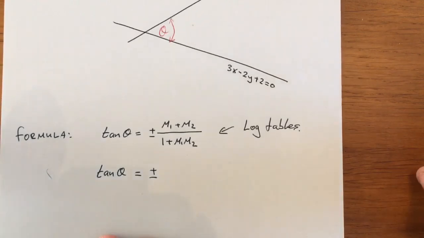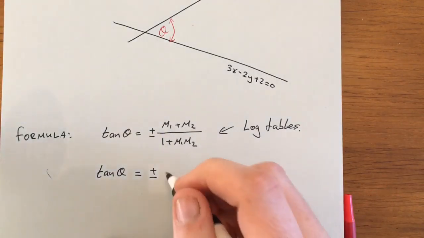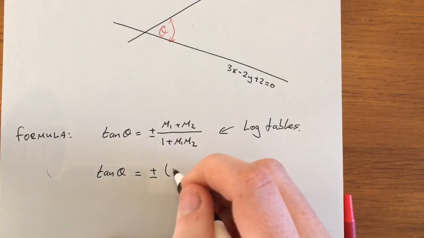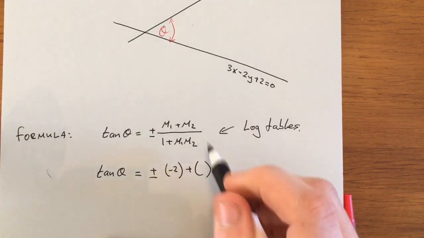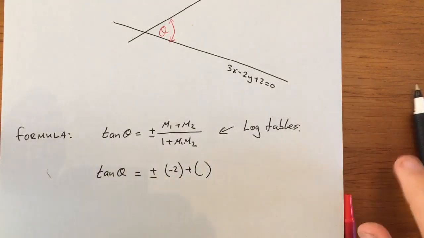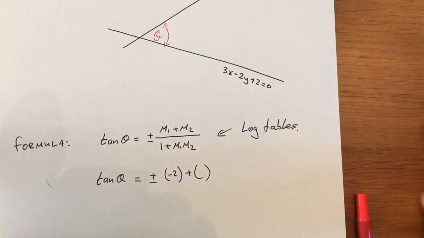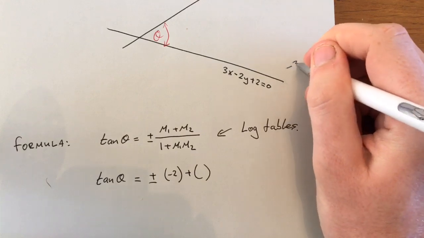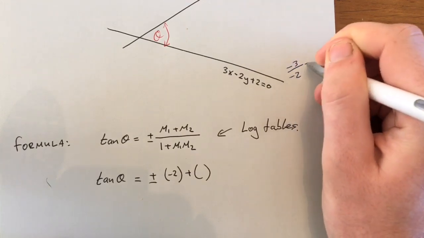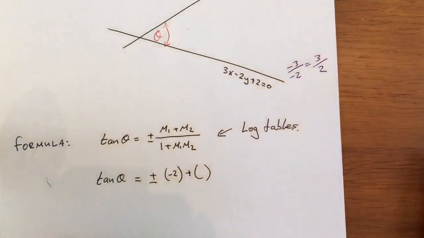So if we go back down to our formula, I know the slope of the first line is going to be minus 2 plus, and now I want to put in the slope of the second line. If we use the same method, the slope of the second line will need to be minus 3 all over minus 2, which is really just 3 over 2.